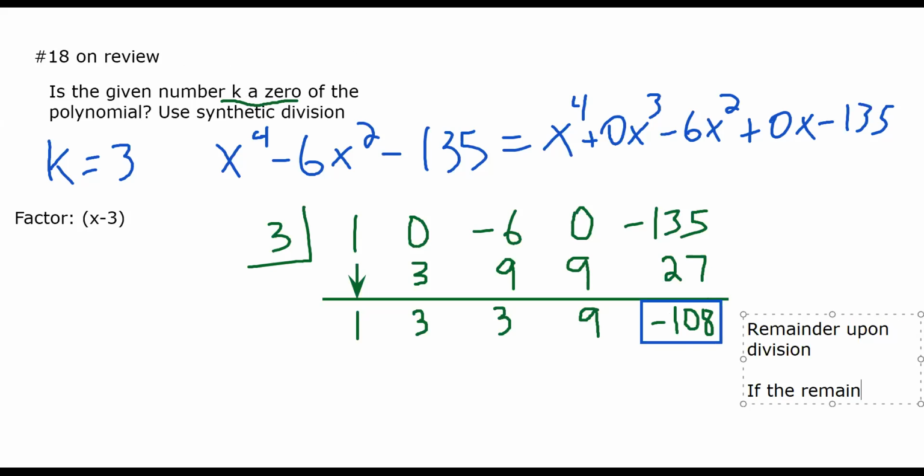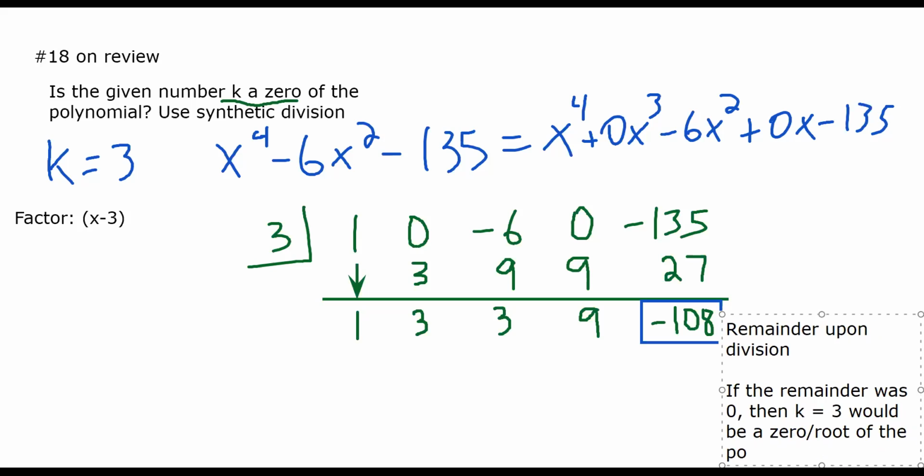If the remainder was 0, then k equals 3 would be a 0/root of the polynomial. However, that's not the case.